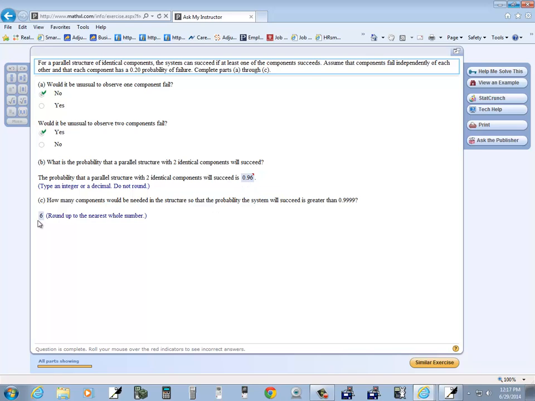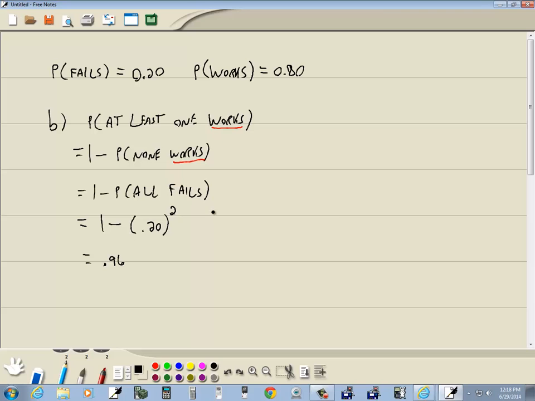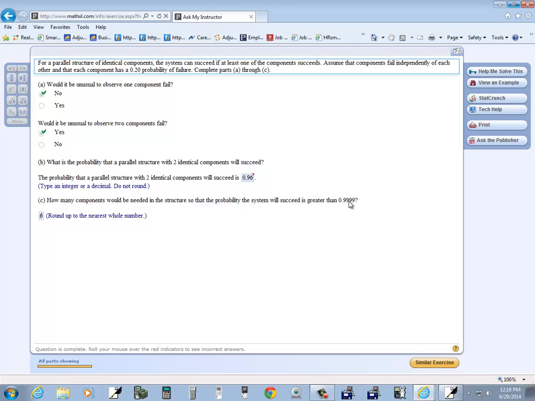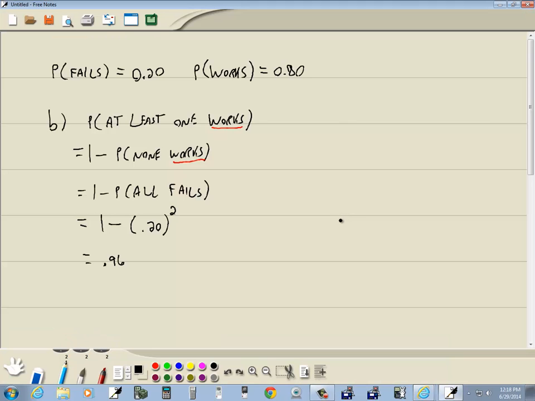Okay. It says how many components would be needed in the structure so that the probability the system will succeed is greater than 0.999. So what we're looking at, 1 minus 0.20 to the x.